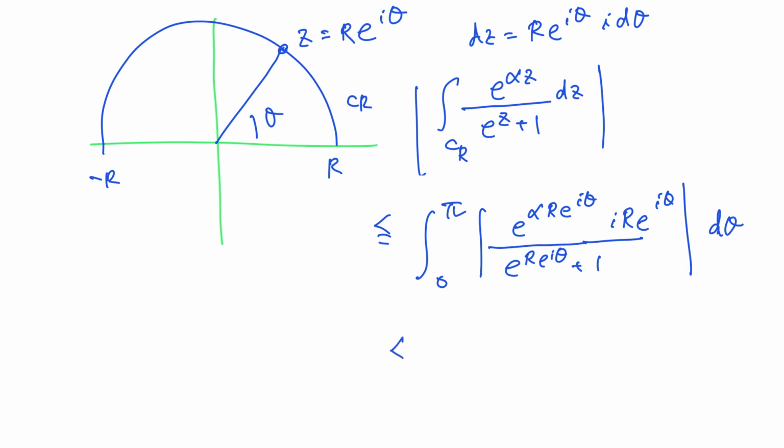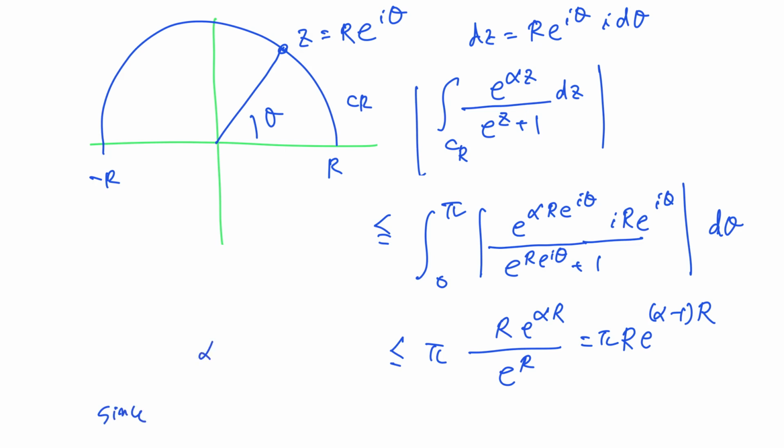It's less than pi times r exponential alpha minus 1 r, right? But since alpha is between 0 and 1, alpha minus 1 is less than 0, right?